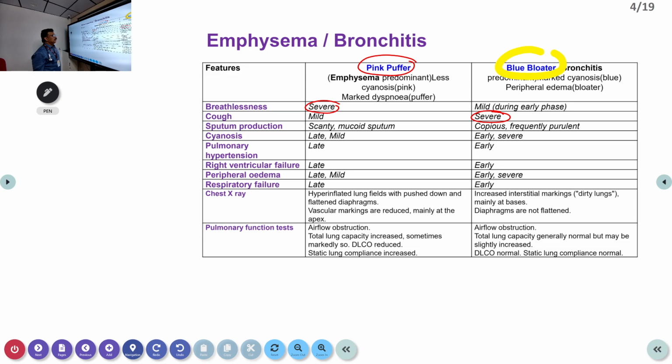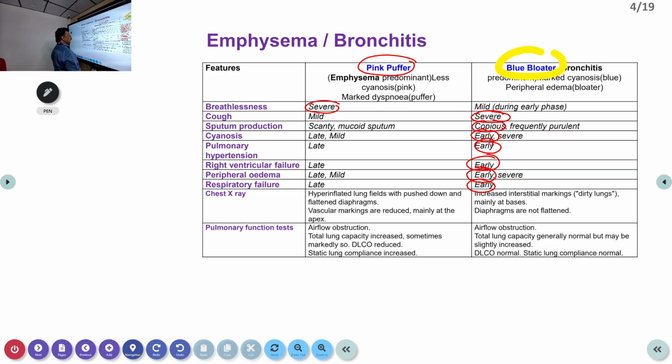Sputum production is more in bronchitis. Cyanosis is early in bronchitis, late in pink puffer. Pulmonary hypertension is early in bronchitis, and right ventricular failure is early too. Everything is severe in bronchitis, but breathlessness is more a feature of emphysema.